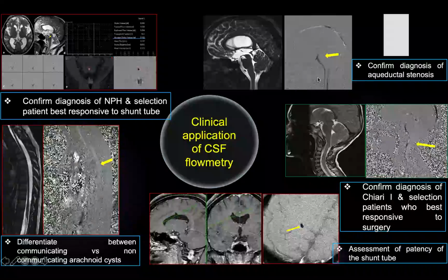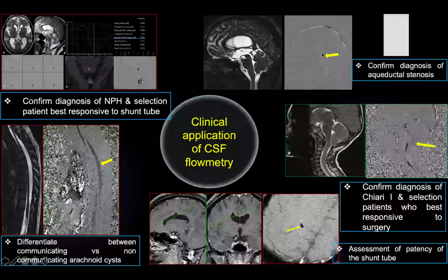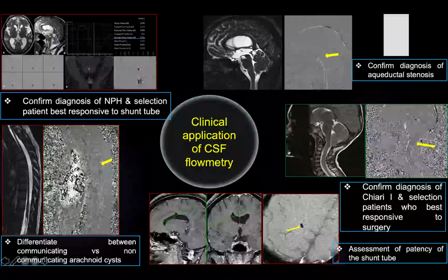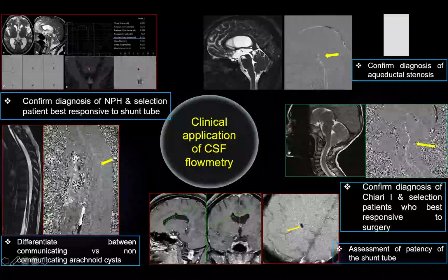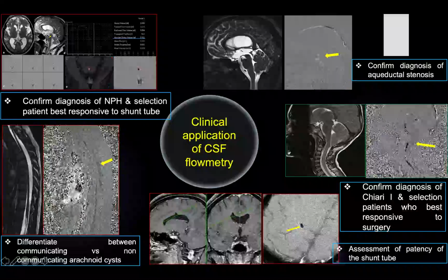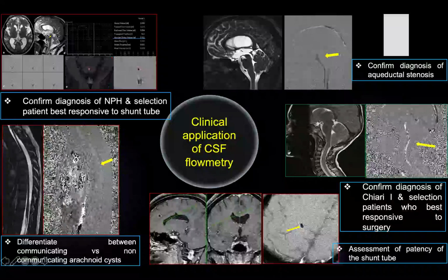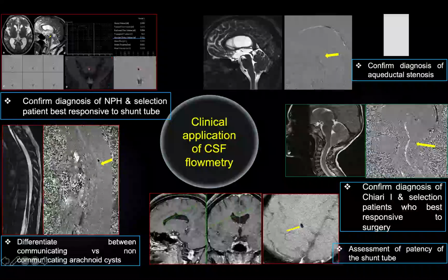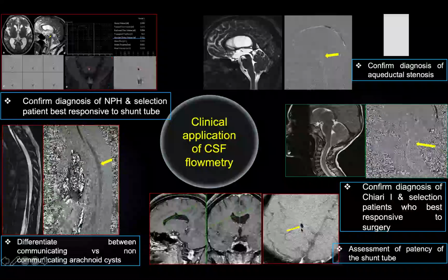In aqueductal stenosis, we can see absence of the CSF flow along the aqueduct of Sylvius. In the Chiari type 1 malformation, there is absence of the CSF flow at the foramen magnum, and usually these patients respond best to surgery. And in the arachnoid cyst, we see if the cysts are communicating or not with the subarachnoid space, and for the shunt tube, if it is patent or not.